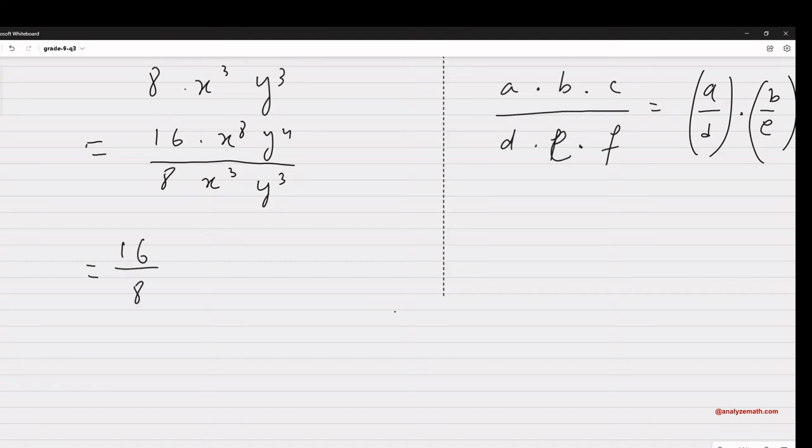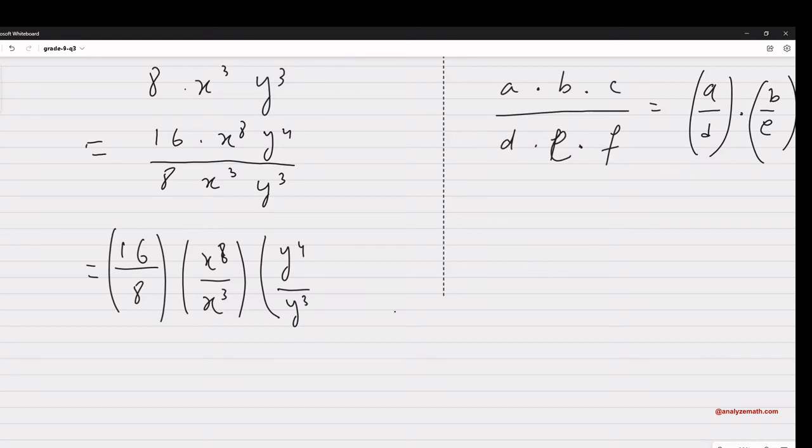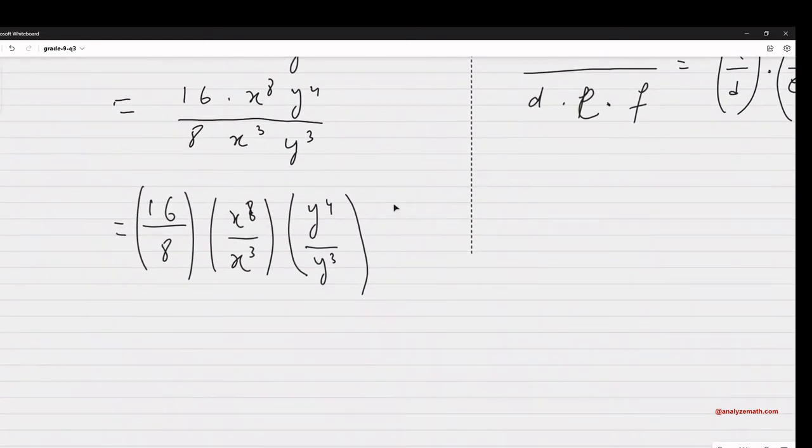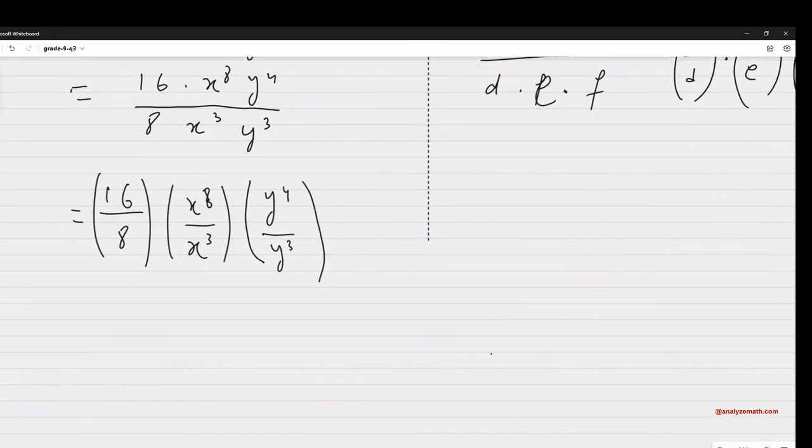So 16 and 8 are both coefficients, constant numbers, so we keep them together. Now x^8 and x^3, we keep them together because these are exponents with the same base. There is possibility to simplify them. And then y^4 over y^3.